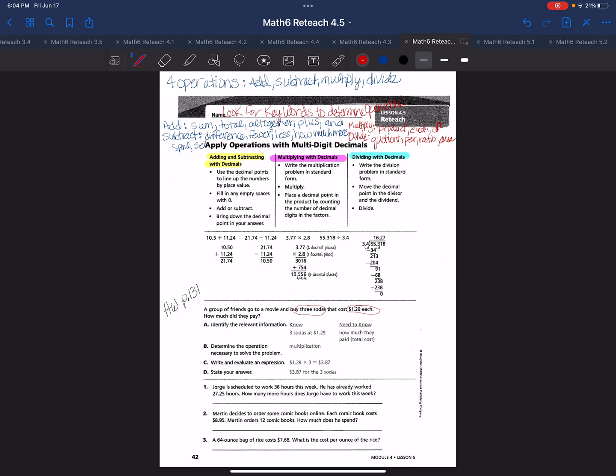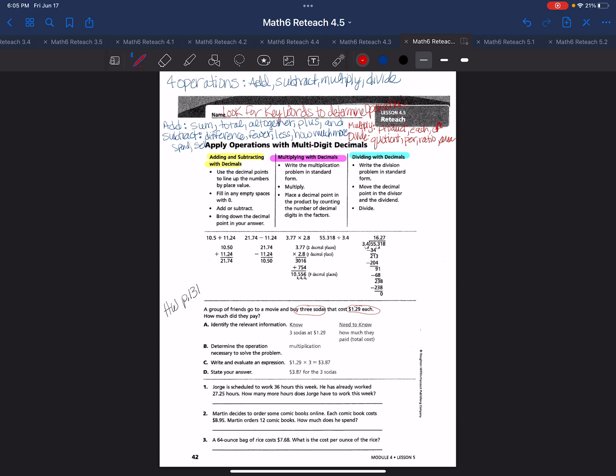So for this first problem here, it says identify relevant information. What do we know? We know that there's 3 sodas at $1.29 each. What do we need to know? How much they paid is how much we need to know. So if we're dealing with how much they need to be paid, we know we are going to be multiplying for this problem.